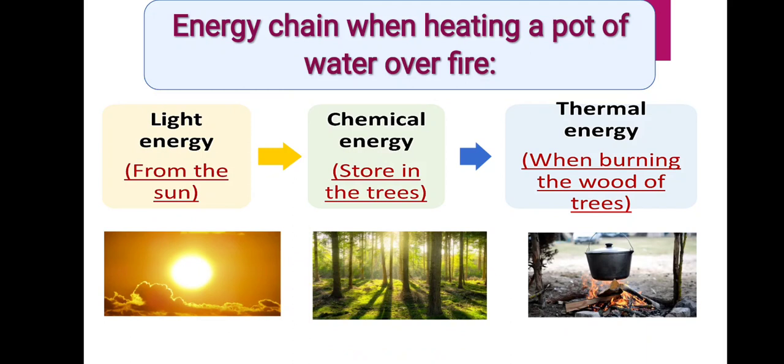After that, I can cut the trees and take the wood from them and burn the wood to make fire and boil the water. So the chemical energy when you burn the wood will change into thermal energy. This is the energy chain when you boil the water. The light energy changes into chemical energy, then into thermal energy when you burn the wood.